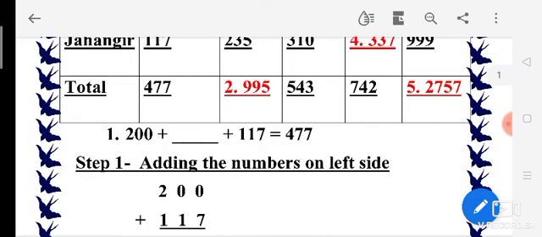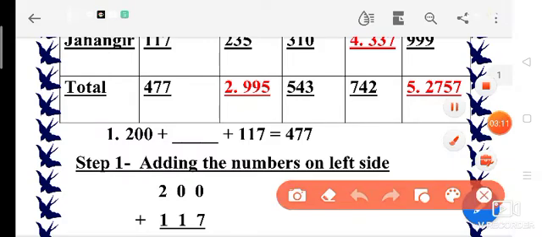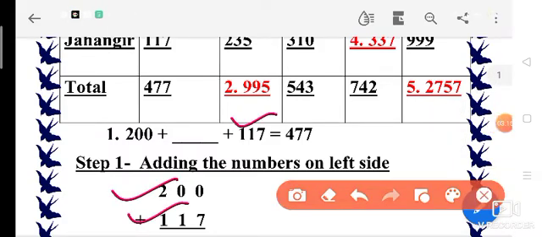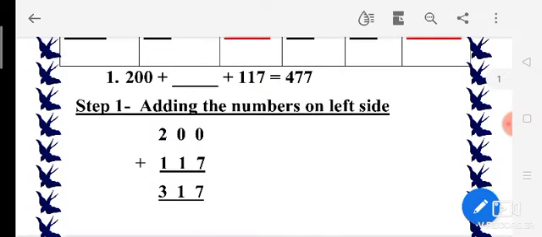So what we are doing here: this is 200 and this is 117. Take these and start adding. When you do addition, it will be 317. Now you got that after adding these two, but we have to find this middle one, the Tansen one.